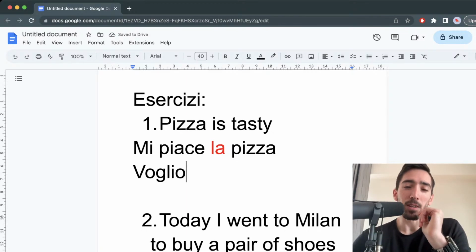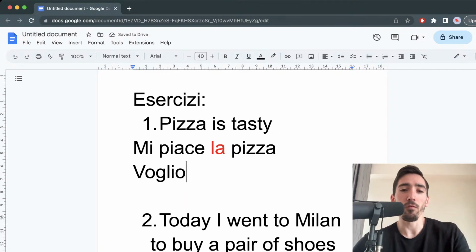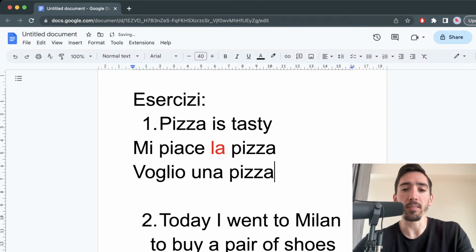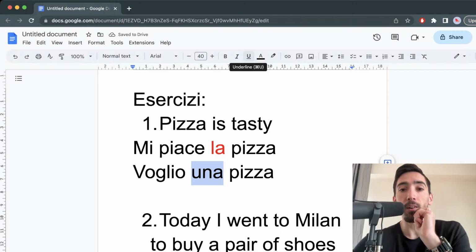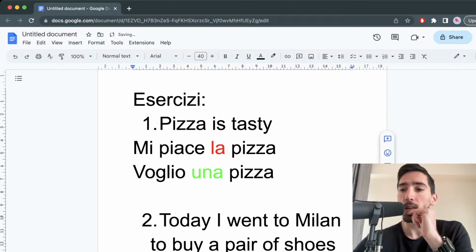It's not rude, but let's just say I want. Voglio una pizza. With una being an indefinite article, right? We'll color it green. Voglio una pizza. I'm not sure if you can see things well.